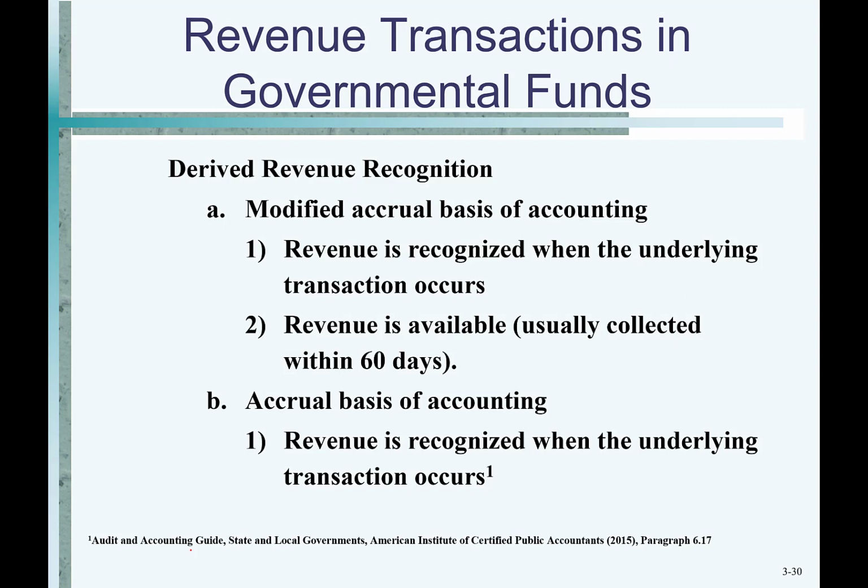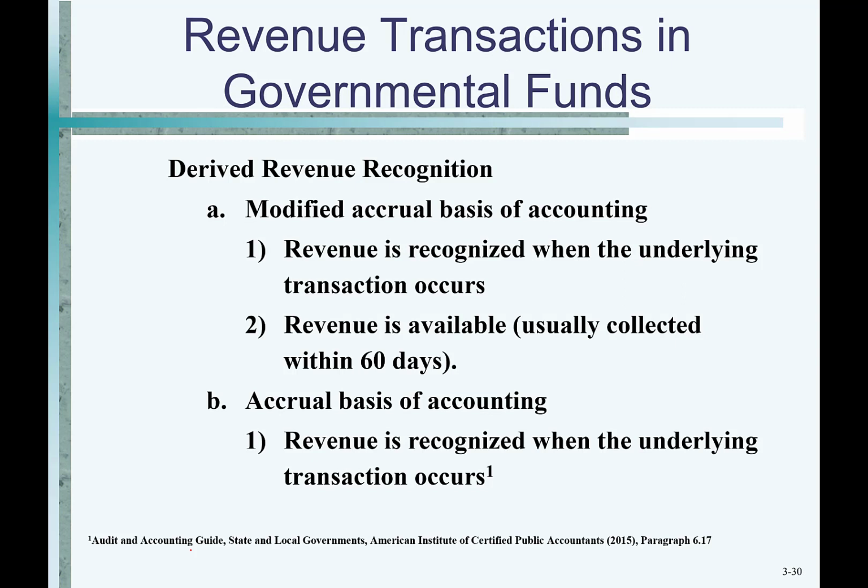Derived derives its value from an underlying transaction like the actual sale. The full accrual rule, just looking at time, is we take the revenue when the underlying transaction has taken place. If the sale took place in 2019, even though we may not collect that revenue until 2020, we take that revenue in 2019.